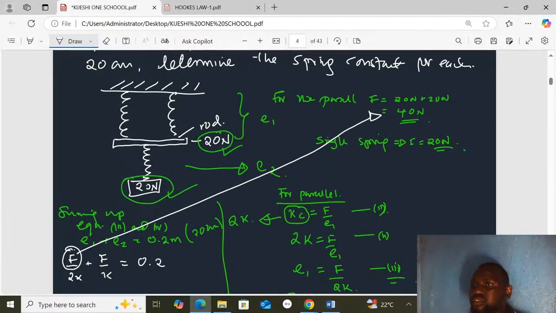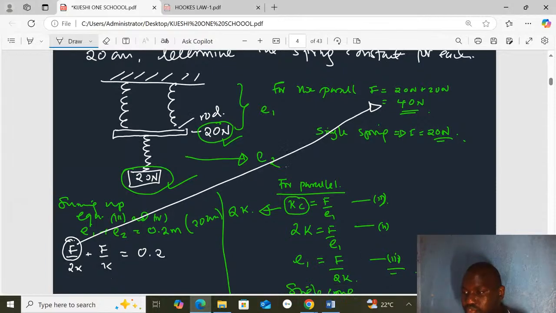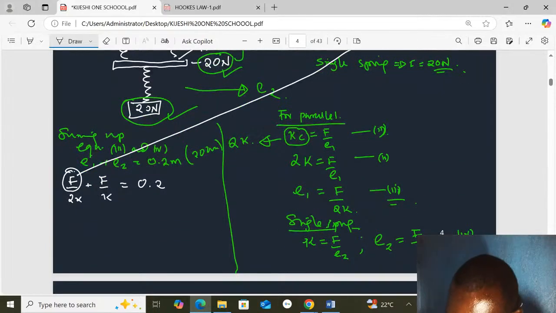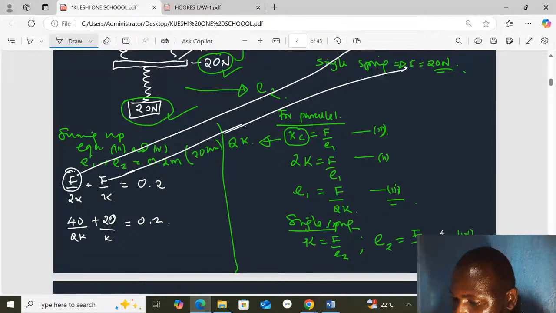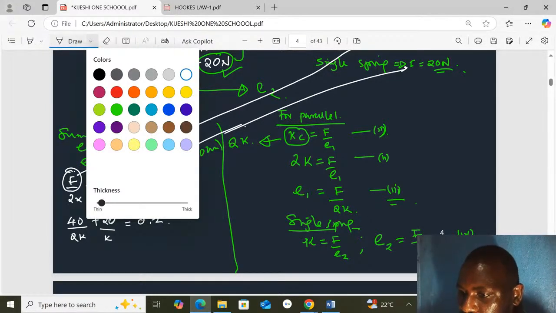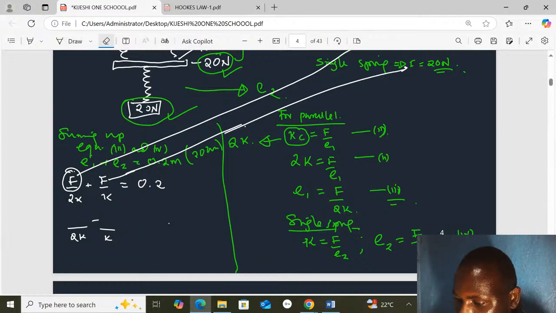Therefore, it is now 40 over 2K plus 20 over K is equal to 0.2. Let me shorten this so that I use the same space.